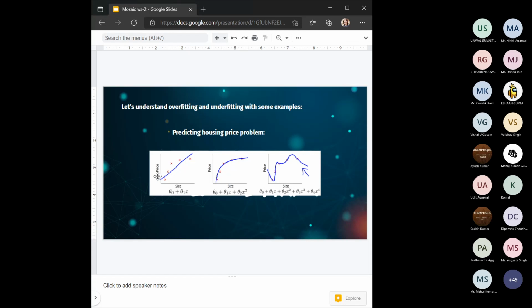On the other hand, if a model is performing poorly on both the test set and the train set, then we call it an underfitting model. This model neither learns from the training data set nor generalizes well on the test data set.